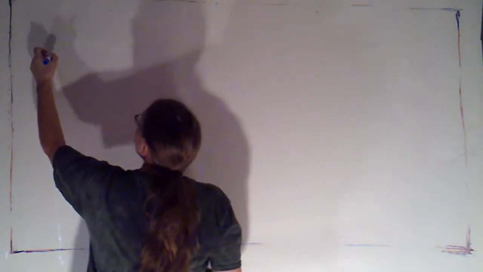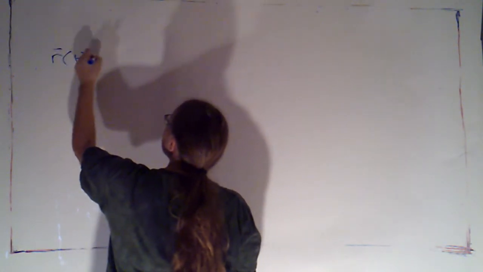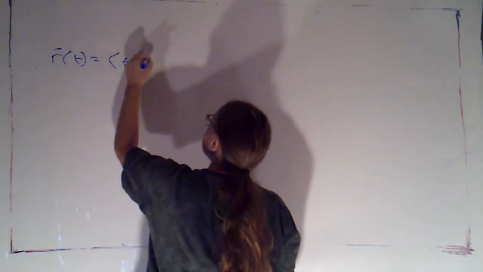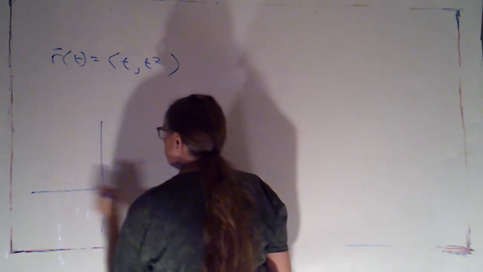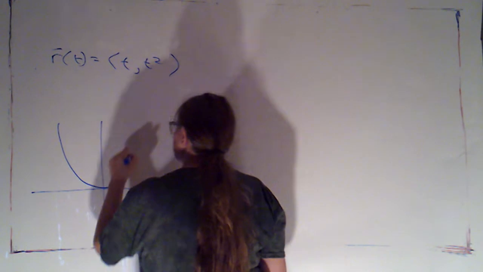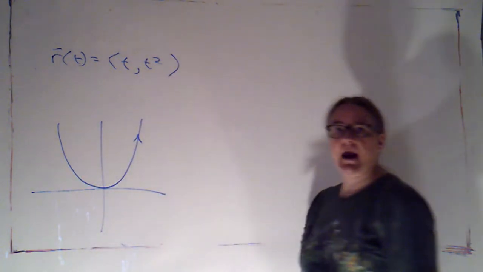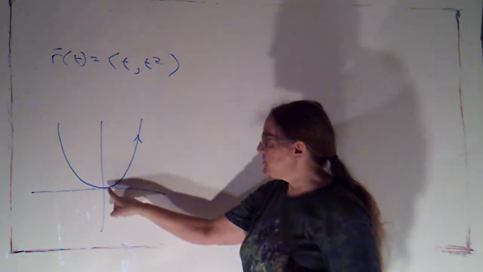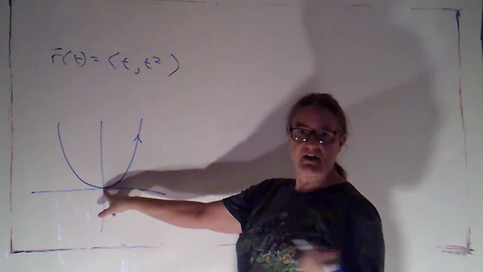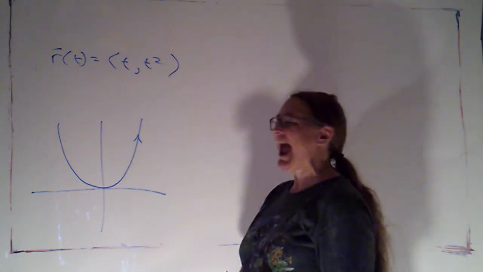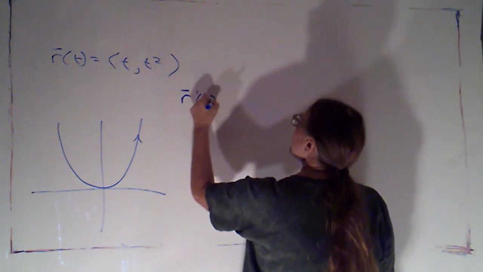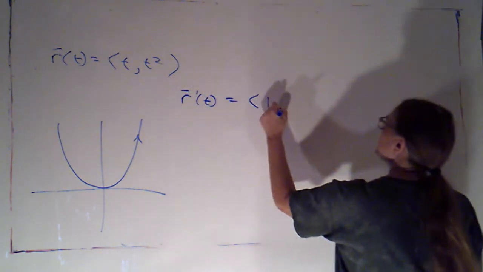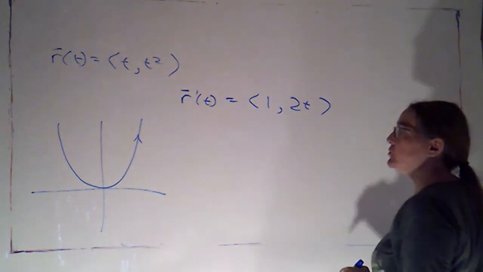Okay, so I'm going to go with r(t) equaling (t, t squared). So I know that's my basic parabola. And what I'm going to try to do is find the unit tangent and the unit normal vector at 0. Now, r'(t) is (1, 2t).